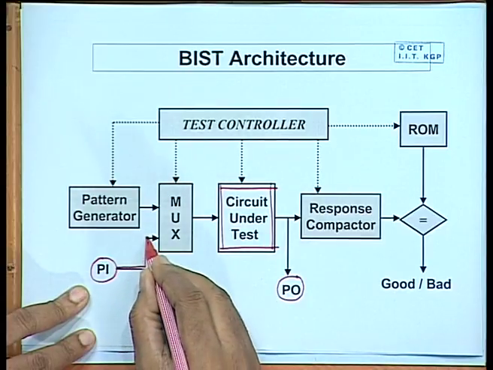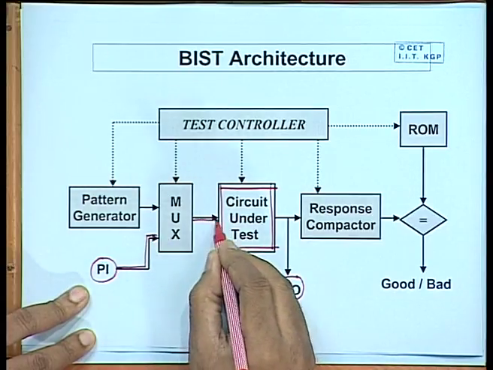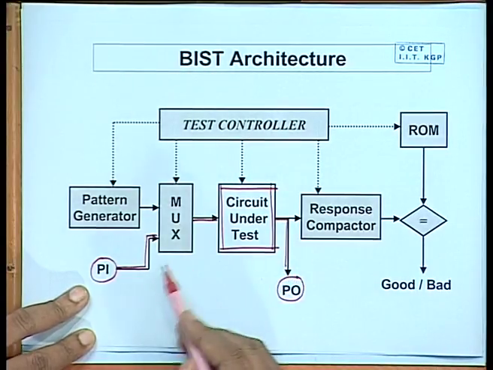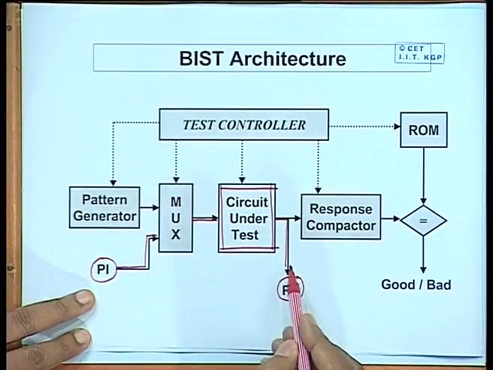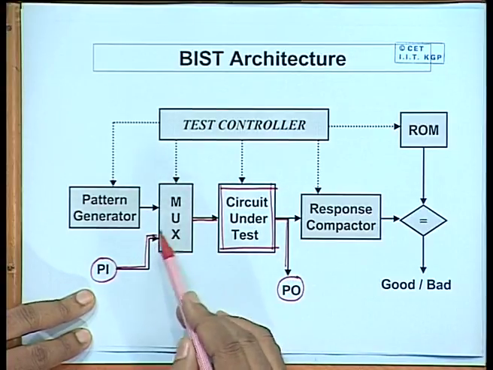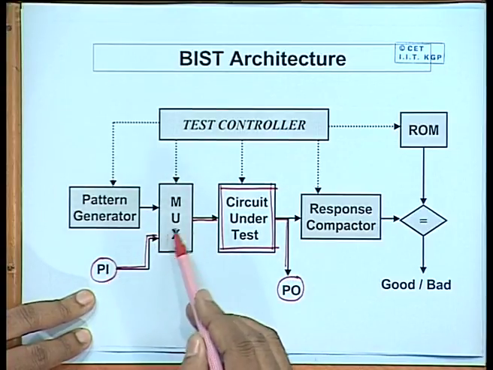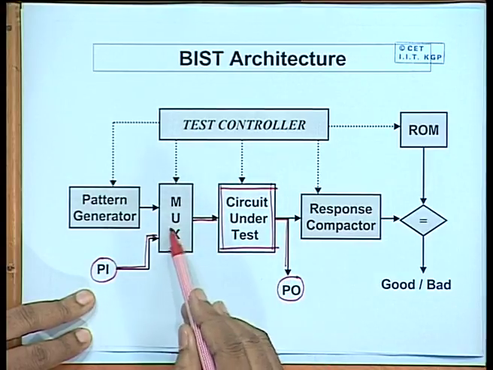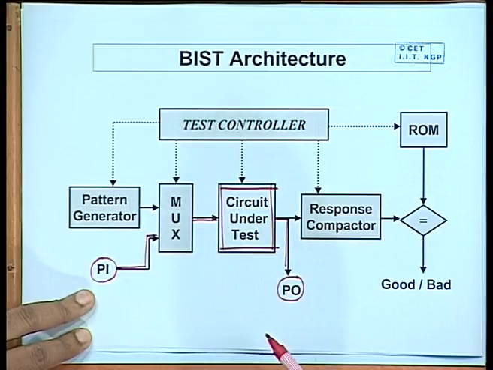So, this is the normal path of circuit operation. Normally this multiplexer will be selecting this path. Now, you can see that even in the normal mode, this multiplexer is coming as an additional delay in the path. So, the delay of the total circuit operation will get slowed down a little bit.